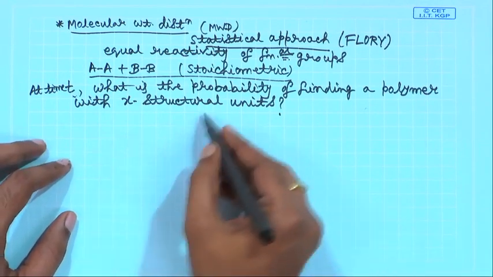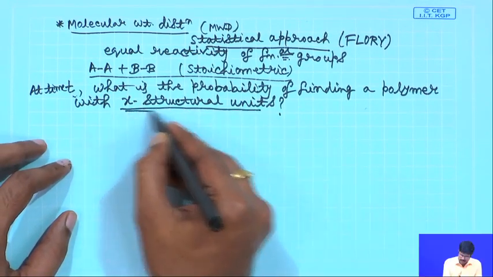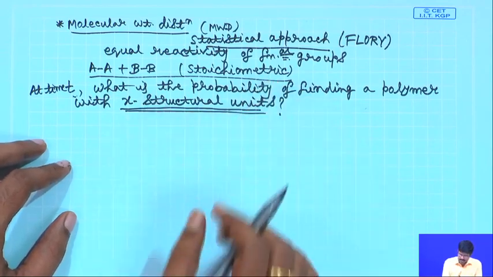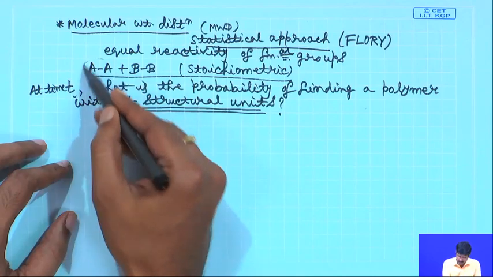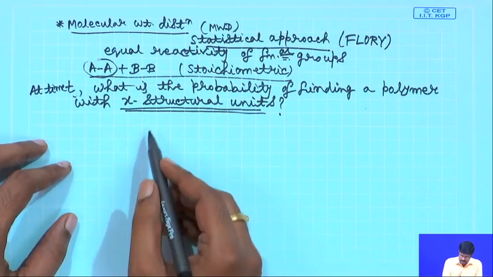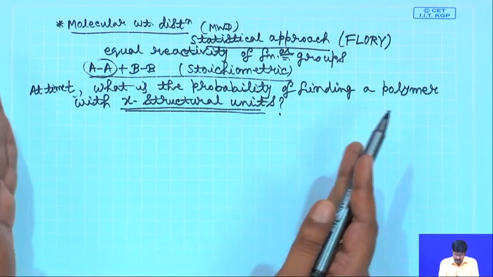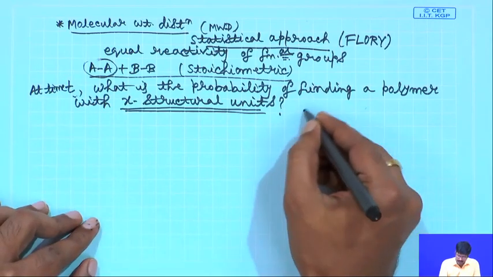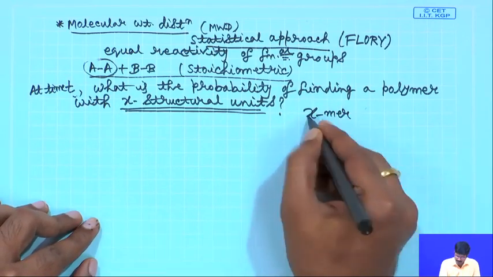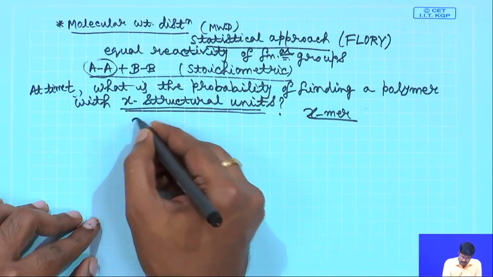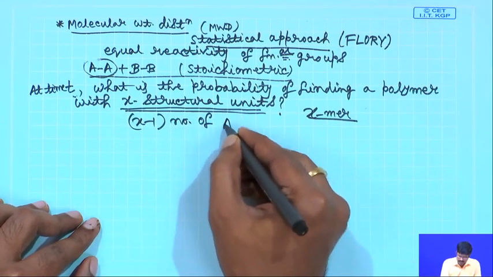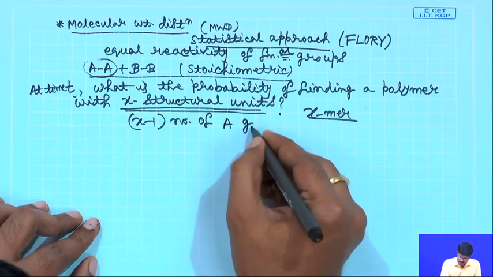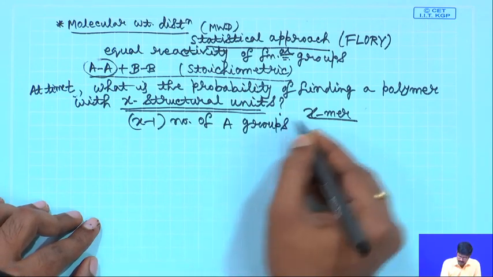So, in order for this situation to unfold, what should happen to the A functional units? For a polymer of x structural units or an x-mer to be produced, you basically need x minus 1 number of A groups to react.